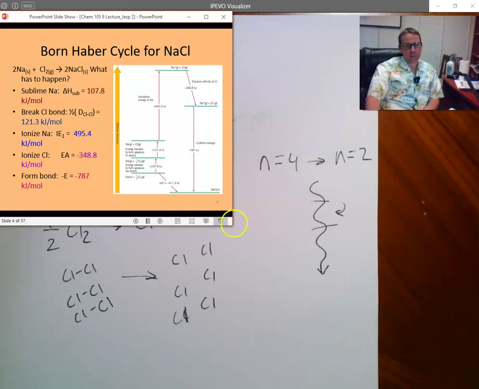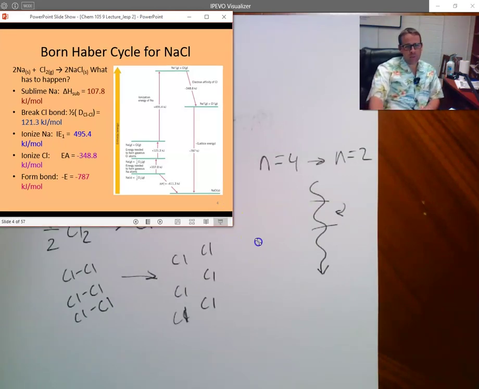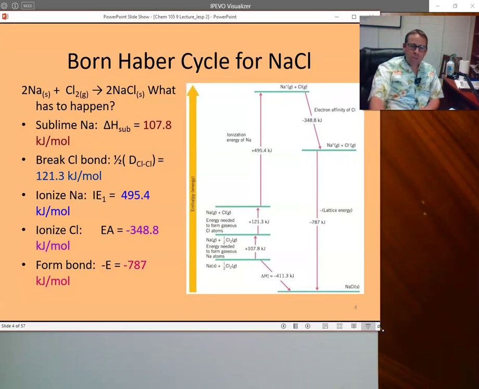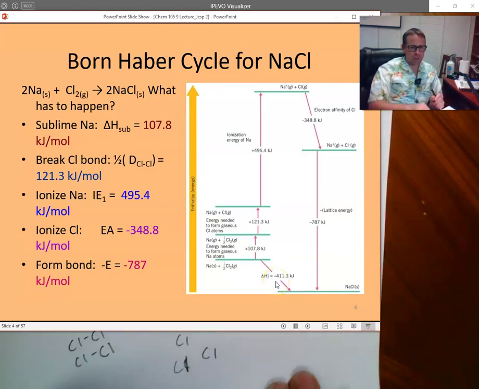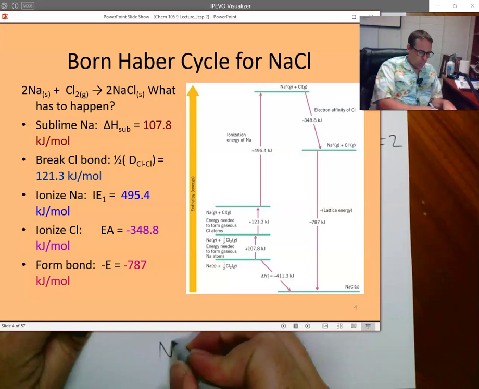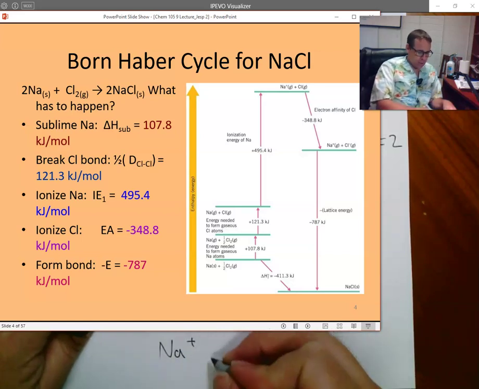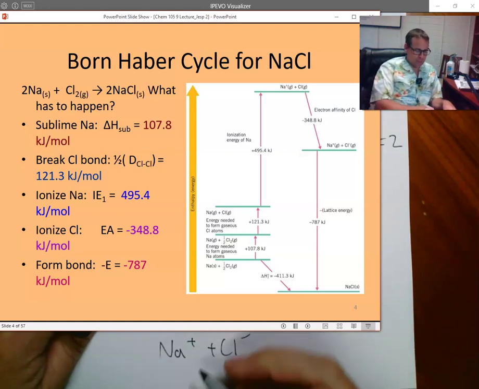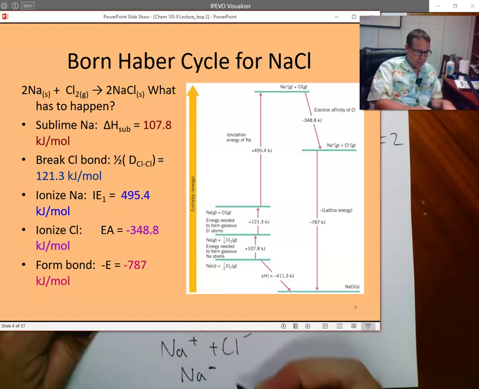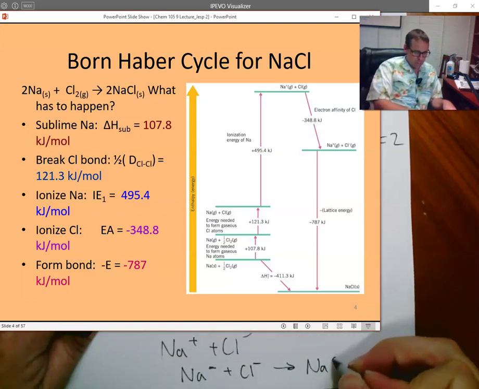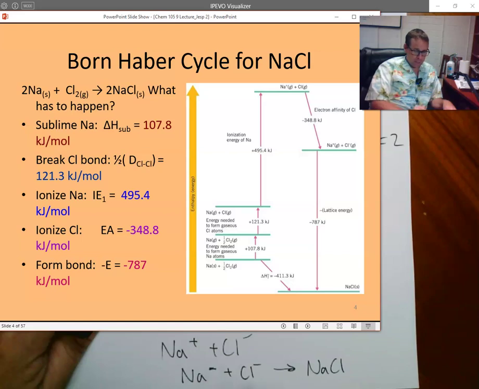Okay, so very good. Now, here's a very important question that I'm going to get you ready for. There comes a point in your life when your children will ask you, Mommy, why is it that sodium gives the electron and chlorine takes it? Why doesn't sodium take the electron from chlorine, and why don't they form a compound where the sodium is the negative ion and the chlorine is the positive ion?